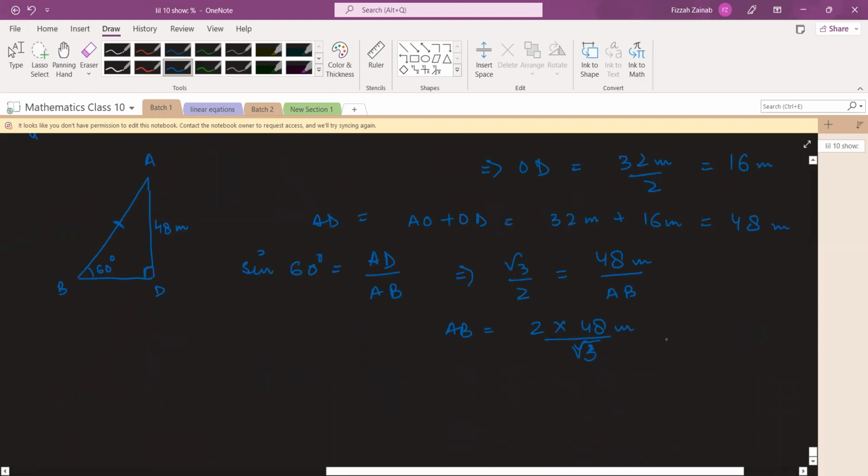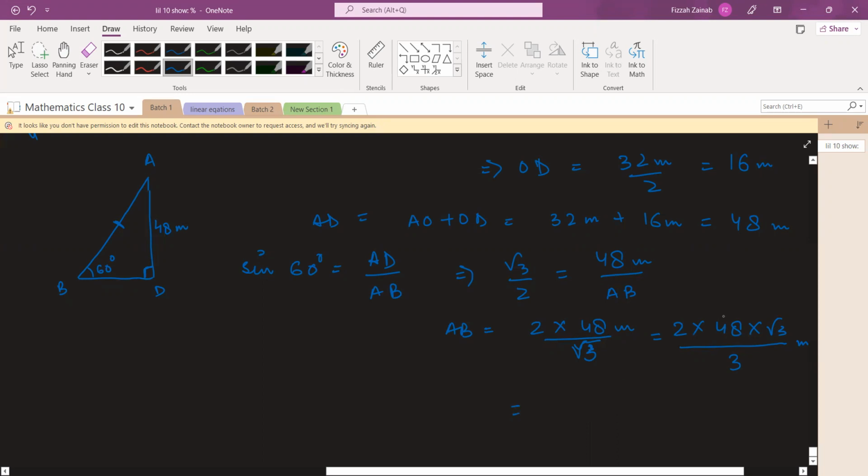Correct? You can mark. So do we rationalize it? Yes, you can, because you have an under root. So 2 into 48 into √3, and then denominator √3 into √3 will become 3, right? Directly I have written. Is this clear, Arshia, Hana, Abdullah? Yes, ma'am. Okay, you can simplify this a little bit.